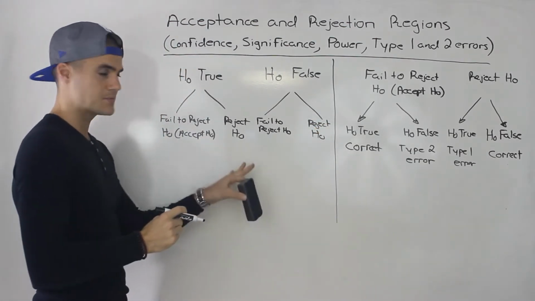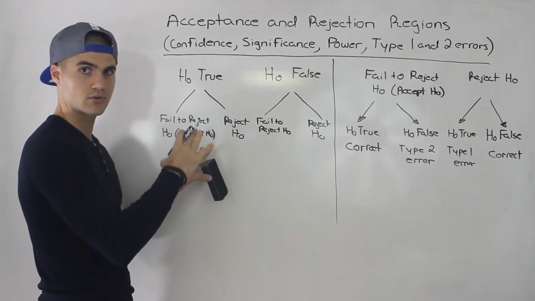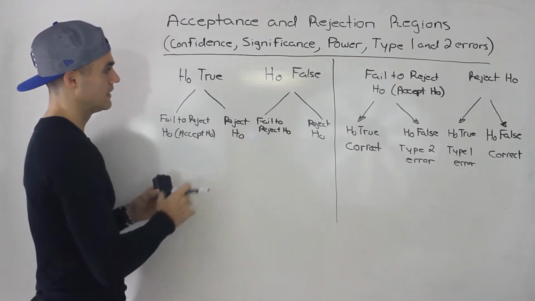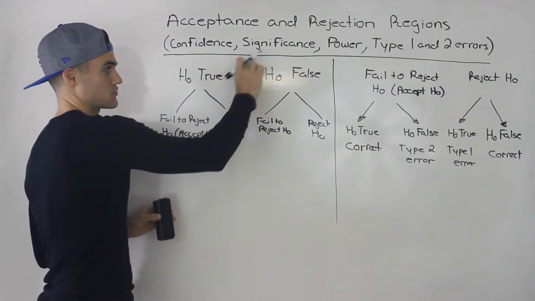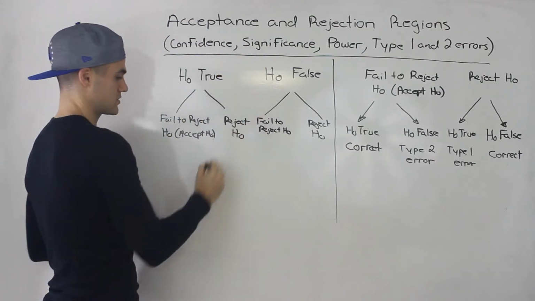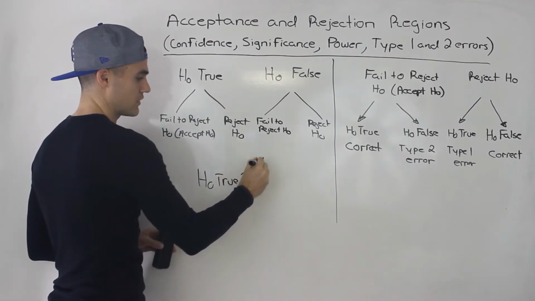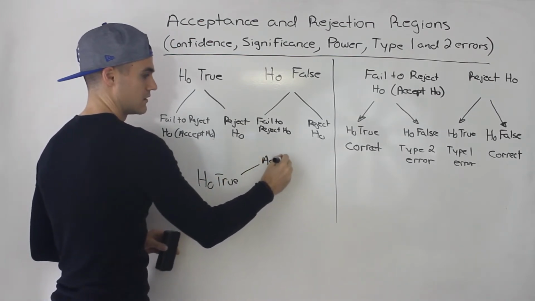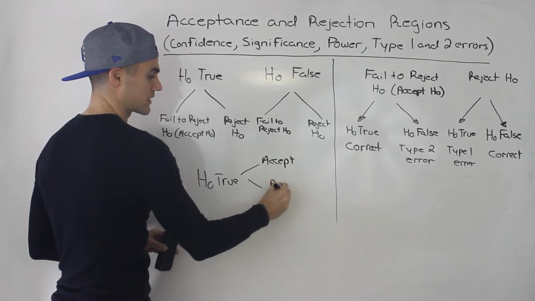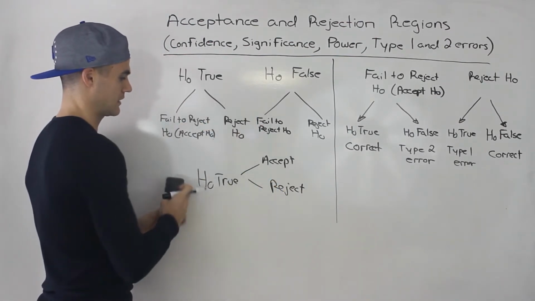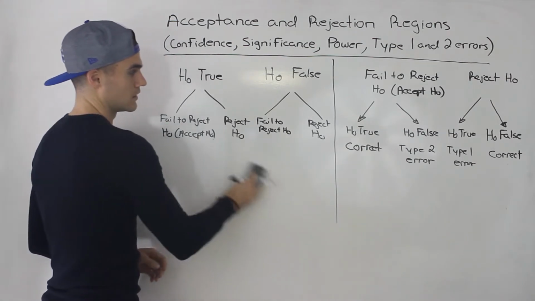Right? So it's the same scenario, just sort of rearranged. And lots of times you'll see it in this kind of format. Even these branches sometimes will be shown sideways. So you'll have like H is true, and then you'll have either accept the null or reject it. Right? Sometimes it's shown like that. I'm just going to keep it in this fashion over here.